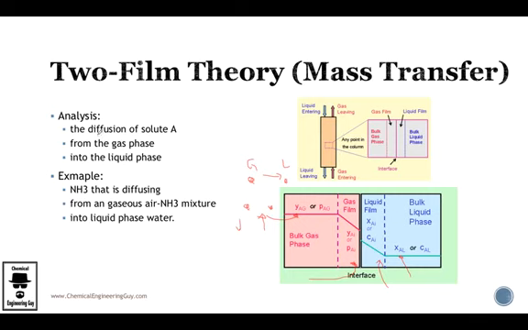So the analysis is done on the diffusion of solute A from the gas phase to the liquid phase. This is absorption. If you wanted to model desorption, this would be reversed, but essentially the idea is solute A is going to interact in gas phase and liquid phase.